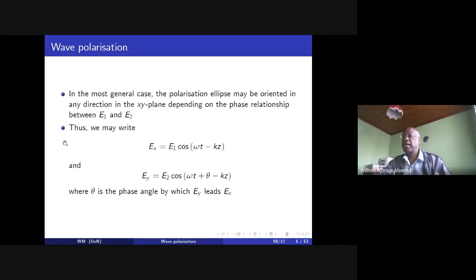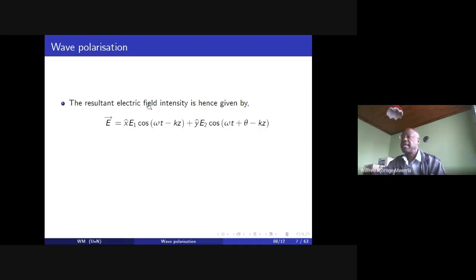And therefore we can write that Ex is going to be given by E1 cosine of omega t minus kz, while Ey is given by E2 cosine of omega t plus an angle theta, where this angle theta is the phase difference between Ey and Ex, minus the spatial propagation phase factor kz. So theta is the phase angle by which Ey leads Ex.